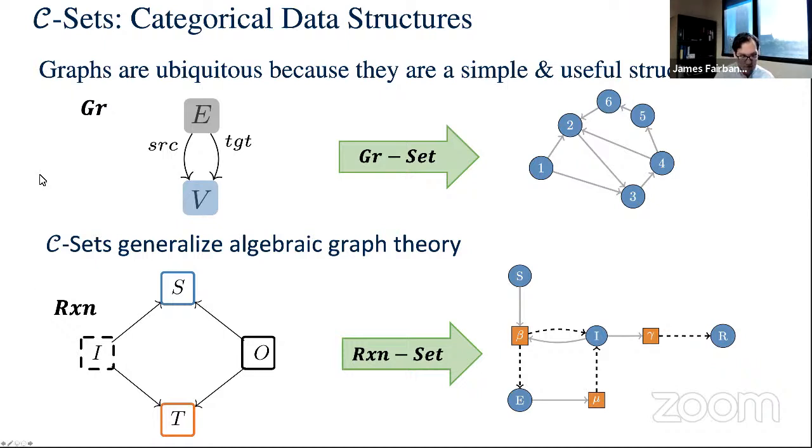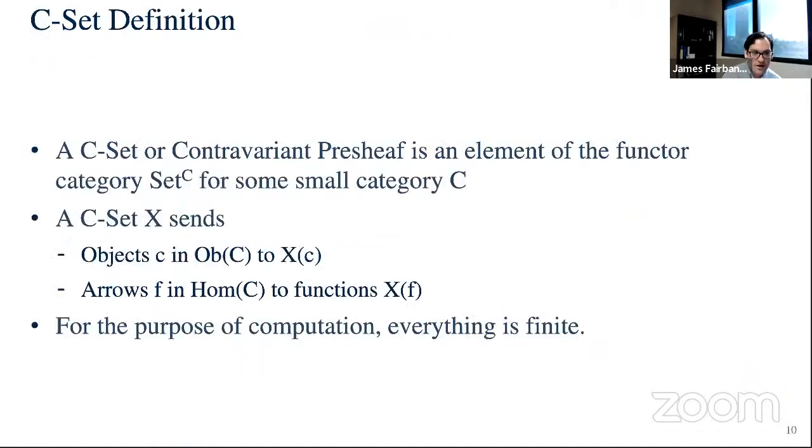S is the set of species, which we draw as blue circles. T is the set of transitions, which we draw as orange boxes. And then one span encodes the edges that go from transitions to species, and the other encodes arrows that go from species to transitions. That's why it's a directed bipartite multigraph, if you wanted to spell it out like that.